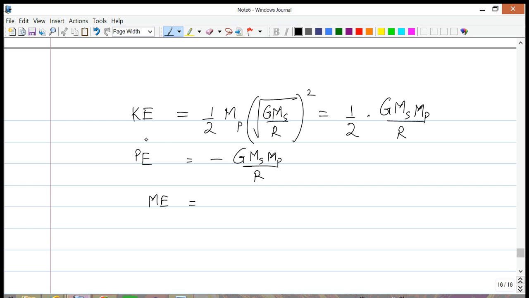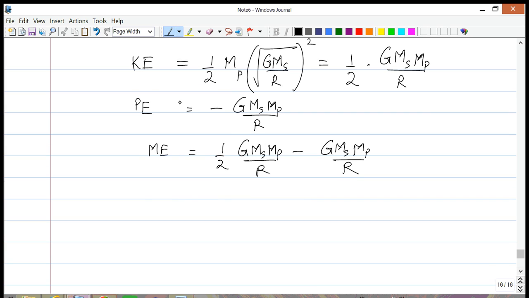Okay, so now we can write our total energy. The total mechanical energy is the kinetic plus the potential, that is 1/2 G ms mp over r minus G ms mp over r. If you see, we have two similar terms here, so I can factor that out. That is G ms mp over r multiplied by 1/2 minus 1.